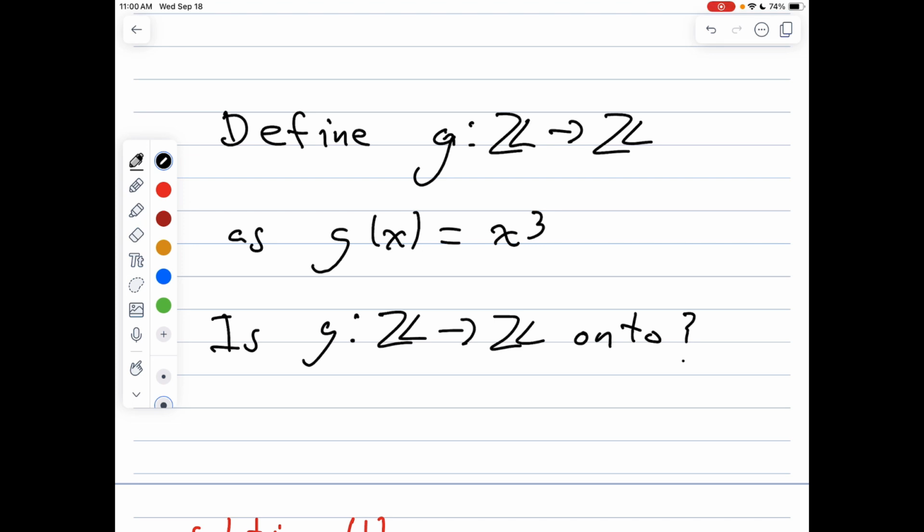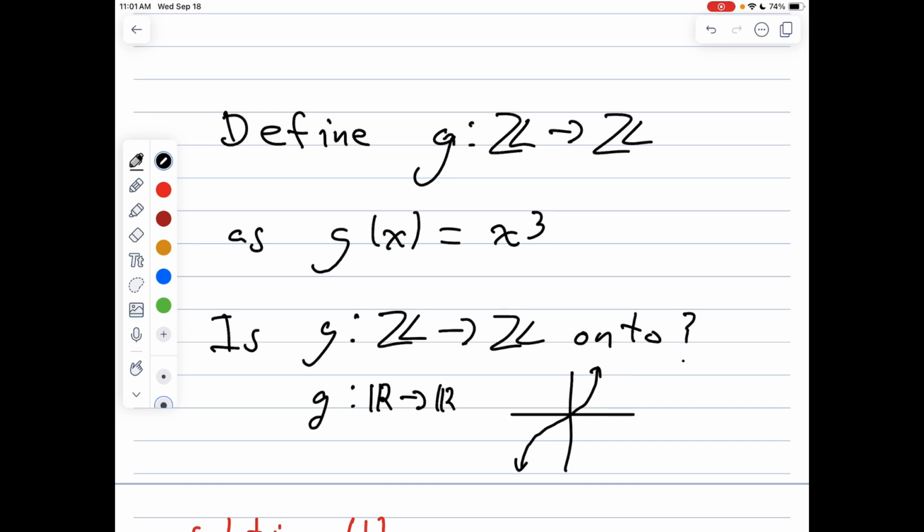So let me start off by talking really quick about when the domain is the real numbers. If the domain is the real numbers, the answer would be yes. This has to do with the fact that the function x cubed looks like this, and it basically takes on all range values.